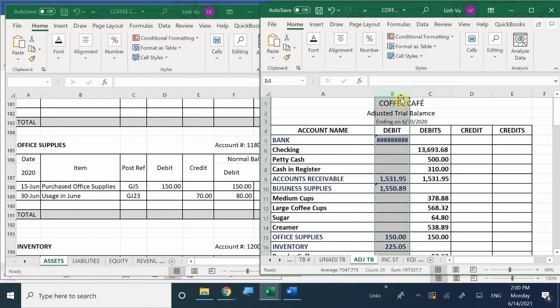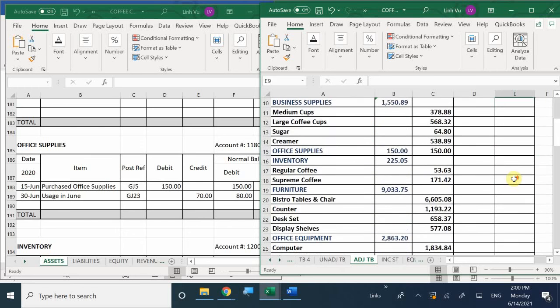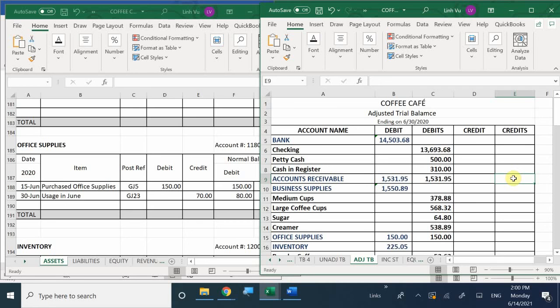I made the copy and then we delete the adjusted one, correct? Correct. Then rename it adjusted. Mm-hmm. Correct. Okay, I'm with you. So there we are. I renamed my adjusted trial balance.